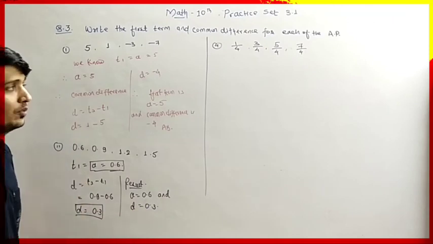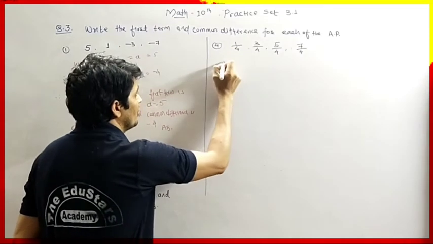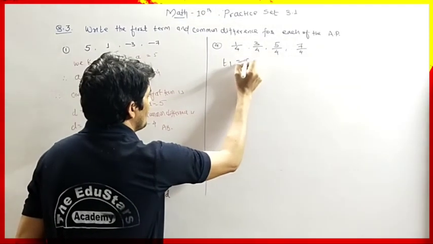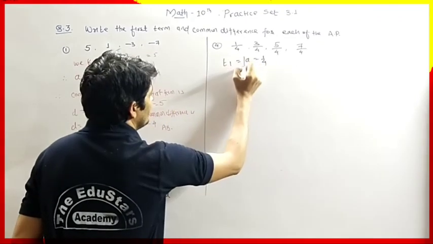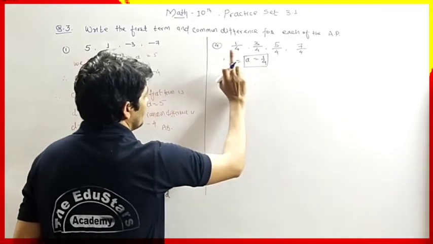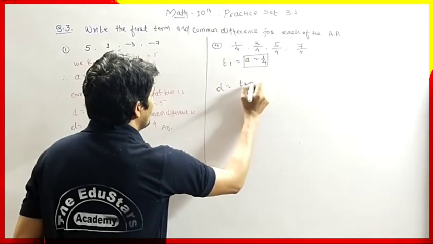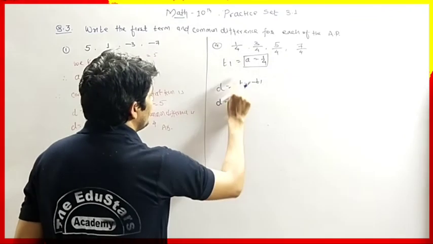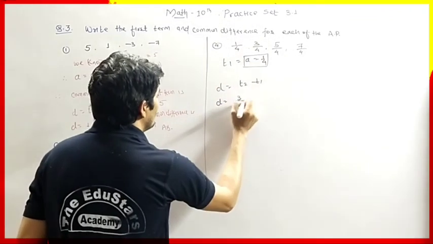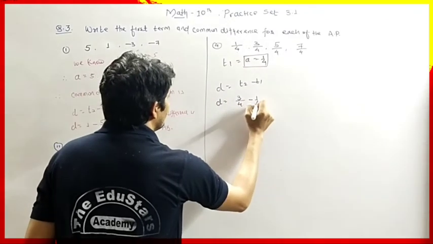Now the fourth one. Here the first term is 1 by 4. So T1 is our A, which equals 1 by 4. So this is our first answer. Now the second one, the common difference D equals T2 minus T1. What is T2? T2 is 3 by 4 minus T1 is 1 by 4.